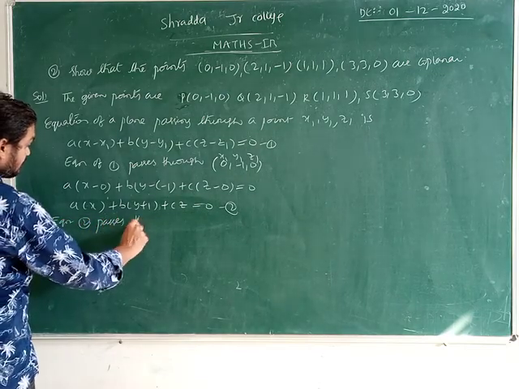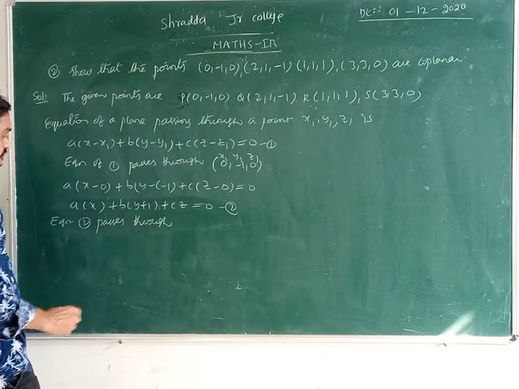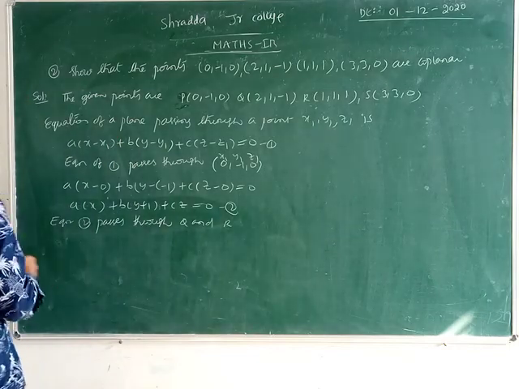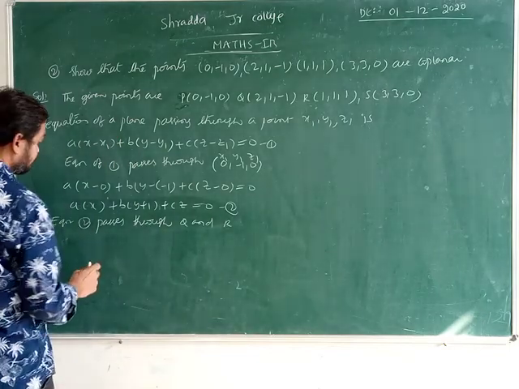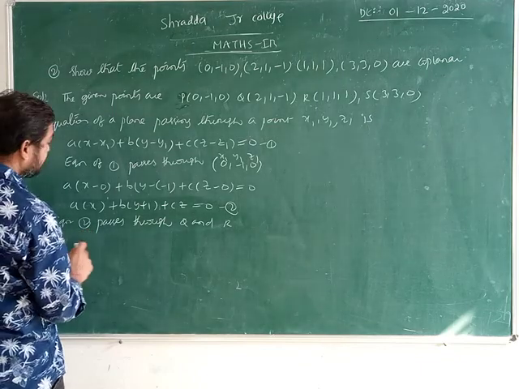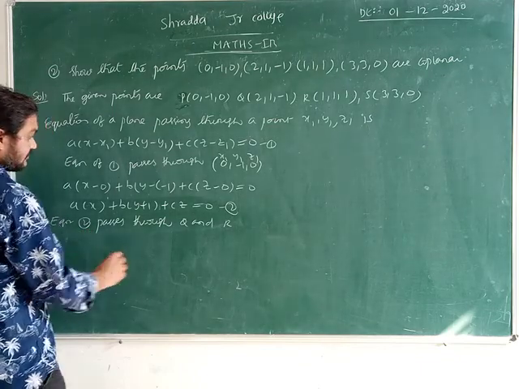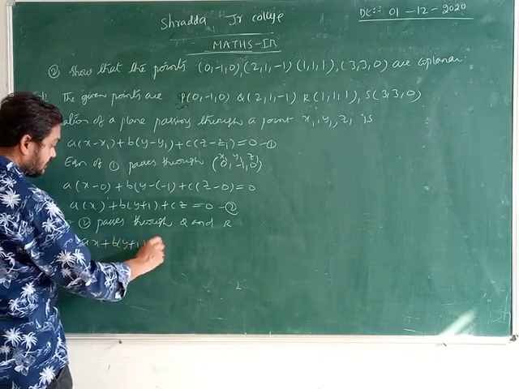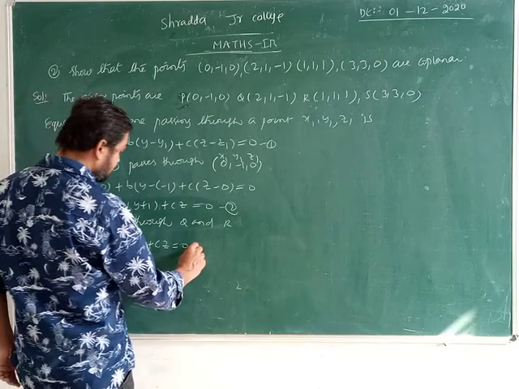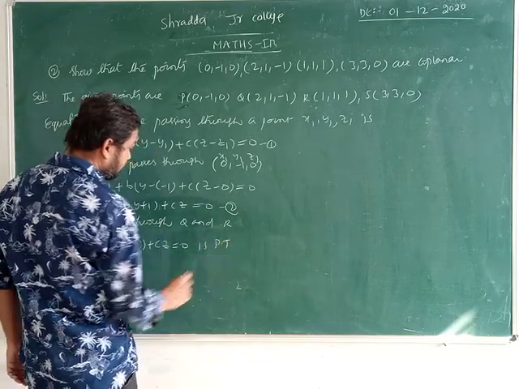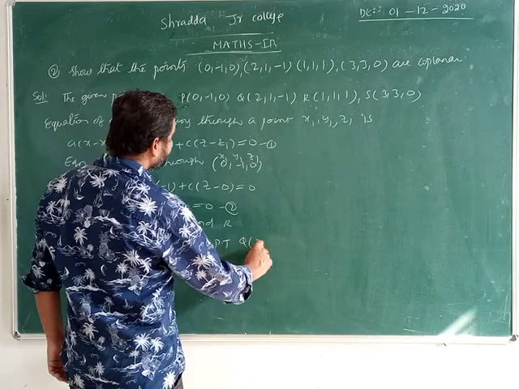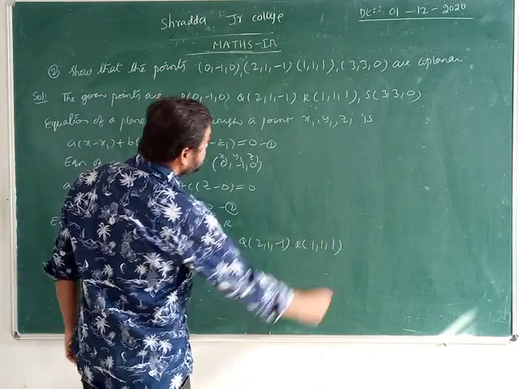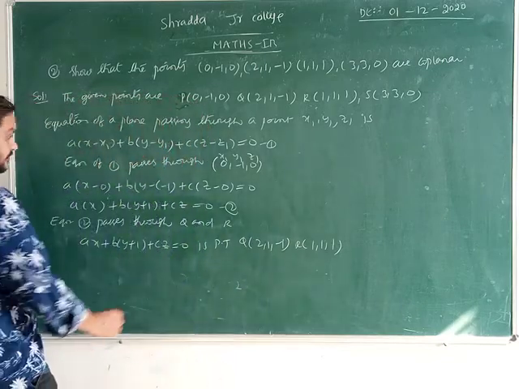Equation 2 passes through Q and R. Okay, what is Q here? Q is 2, 1, -1, and R is 1, 1, 1.